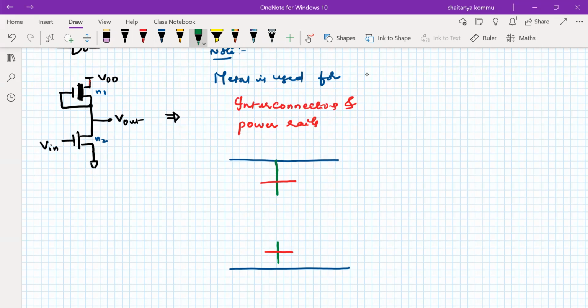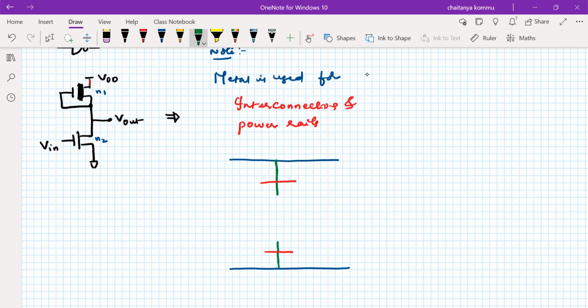Here also I'm going to extend my diffusion towards the ground line. But there is no connectivity between the metal and diffusion here, because these are two different materials. The only possibility is that when a green line is crossing a red line without using any contact, a connection is established there. That's what you have to keep in your mind.